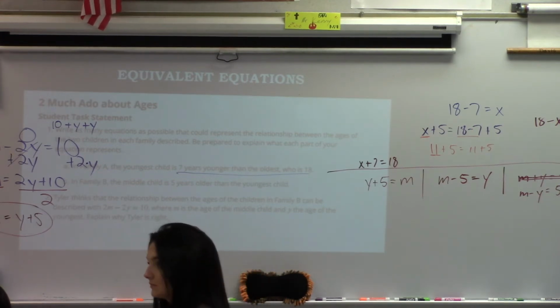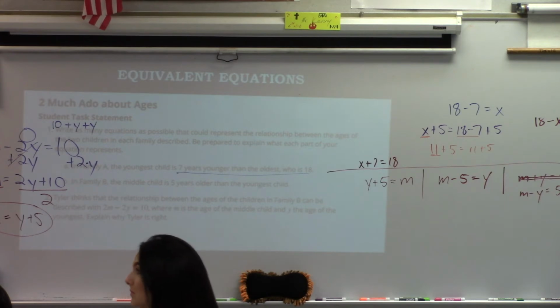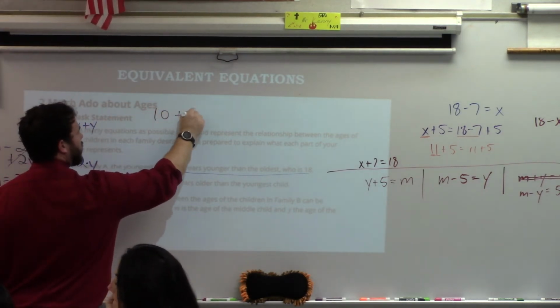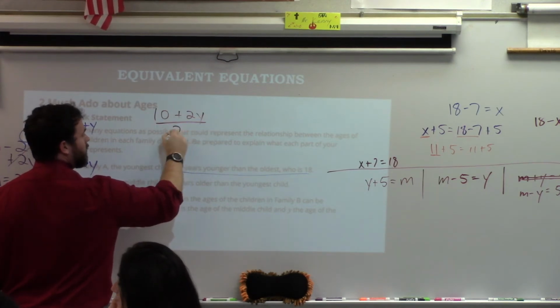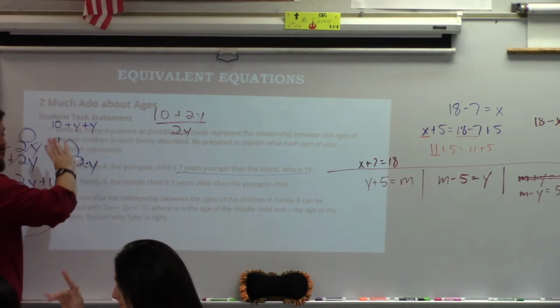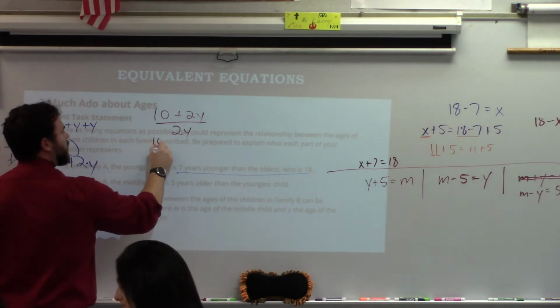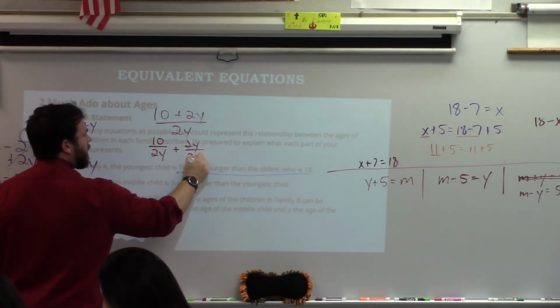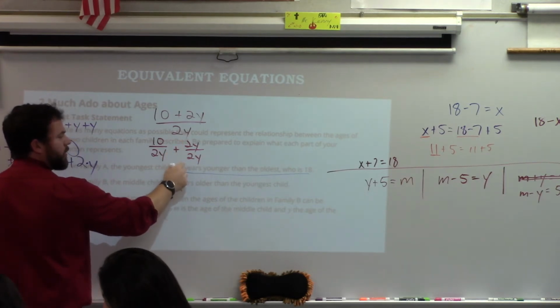If it was 2y plus 10 divided by 2y, would you still keep the y's? Would you get y squared? So you're saying 10 plus 2y divided by 2y. Don't forget, you have to distribute, right? So then you would get this. And what is 2y divided by 2y?